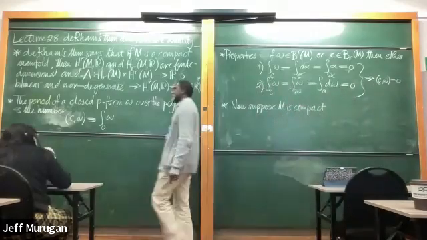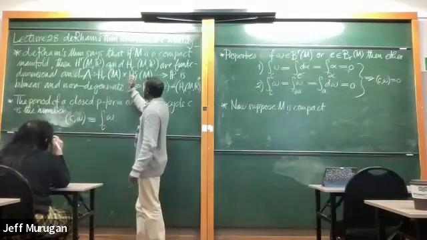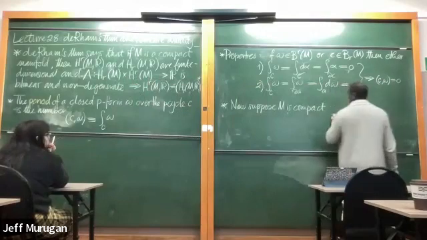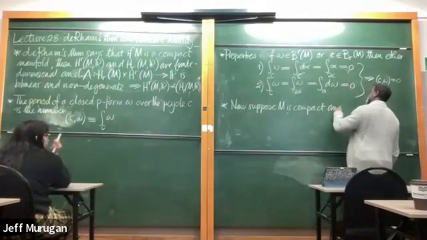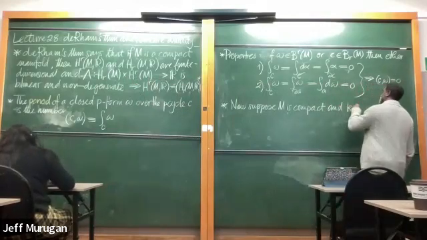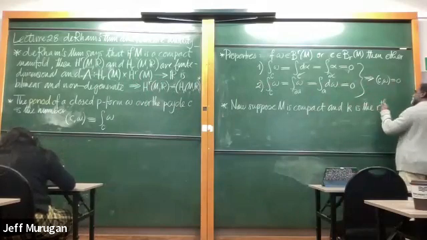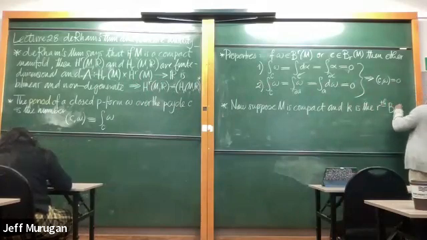Recall the Betti number is the dimension of a cohomology group.